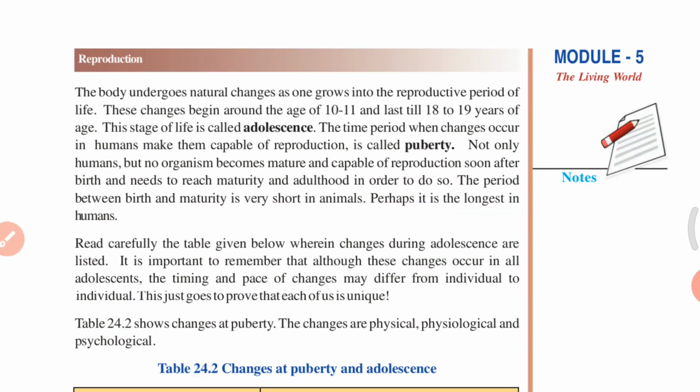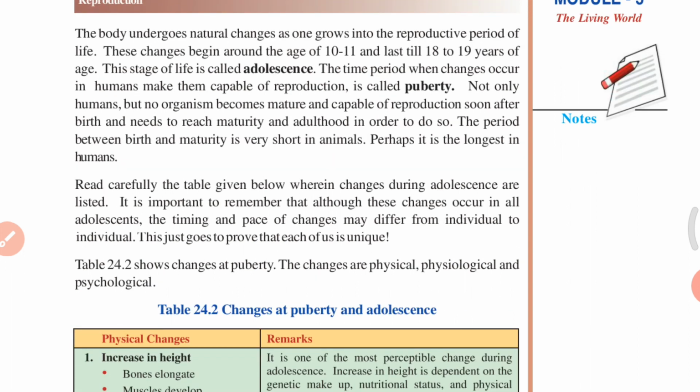The period between birth and maturity is very short in animals other than humans. In humans, a lot of changes occur during this time. We can discuss all these changes in our coming classes. The changes can be classified into physical changes and physiological changes. We can discuss that later.